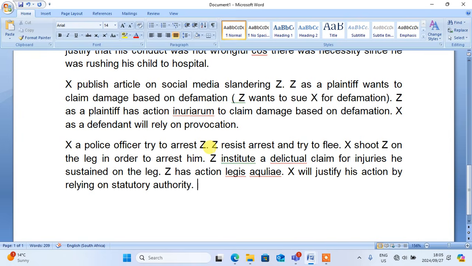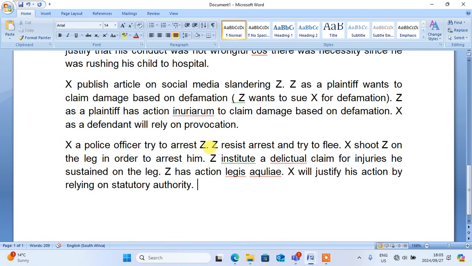So in this instance, X, a police officer, tried to arrest Z. Z resists arrest and tried to flee. X shoots Z on the leg in order to arrest him. Z instituted a delictual claim for the injuries he sustained on the leg. Z has the actio legis Aquiliae, right, as a remedy to institute such a damages claim.